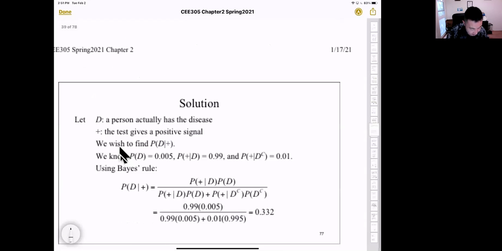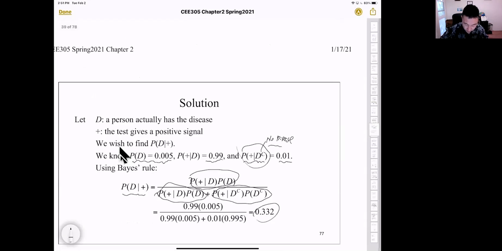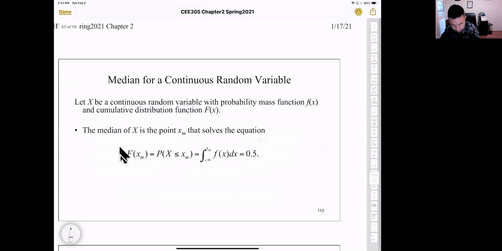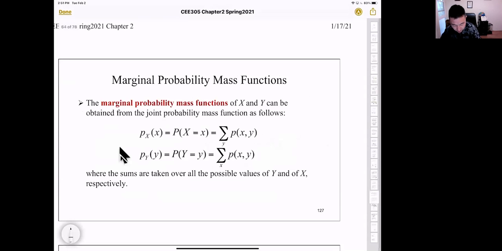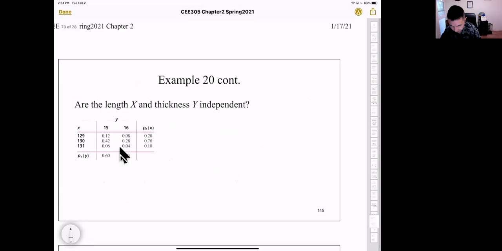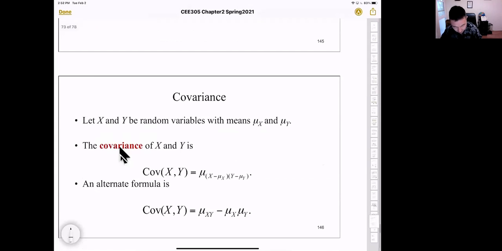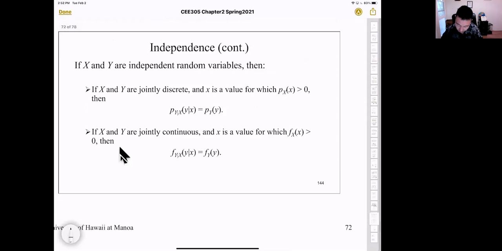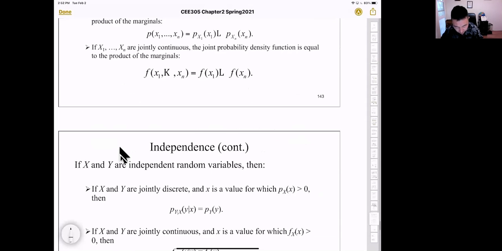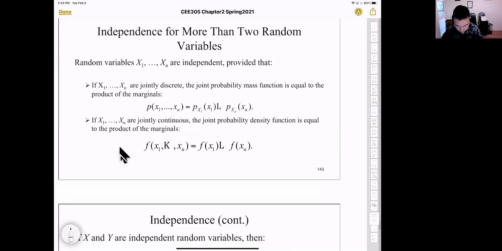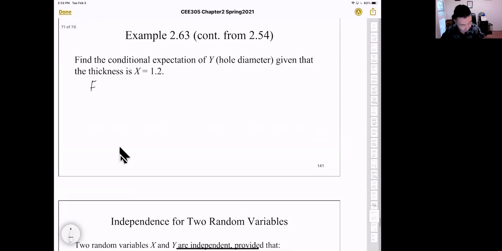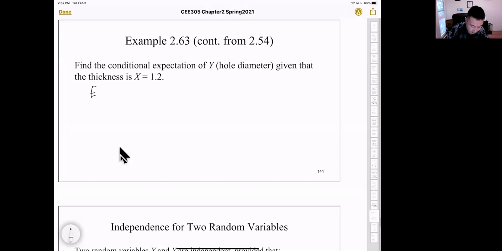So expectation of y given x is equal to 1.2.